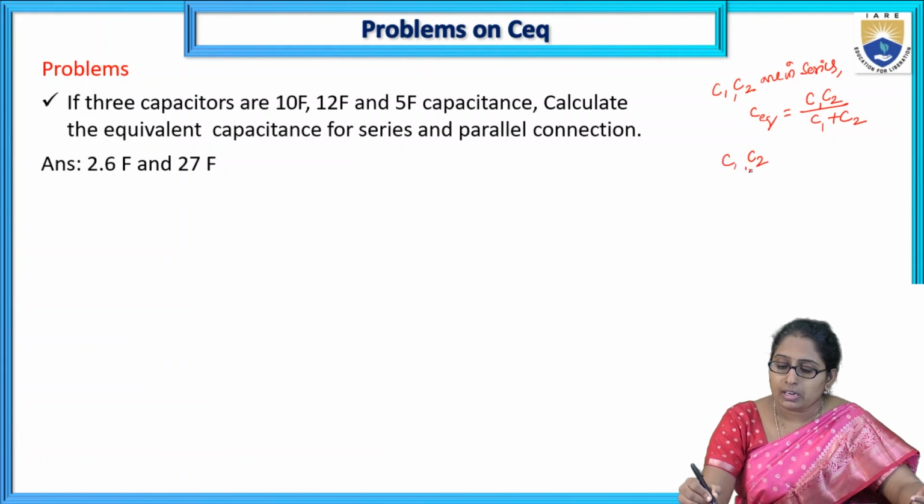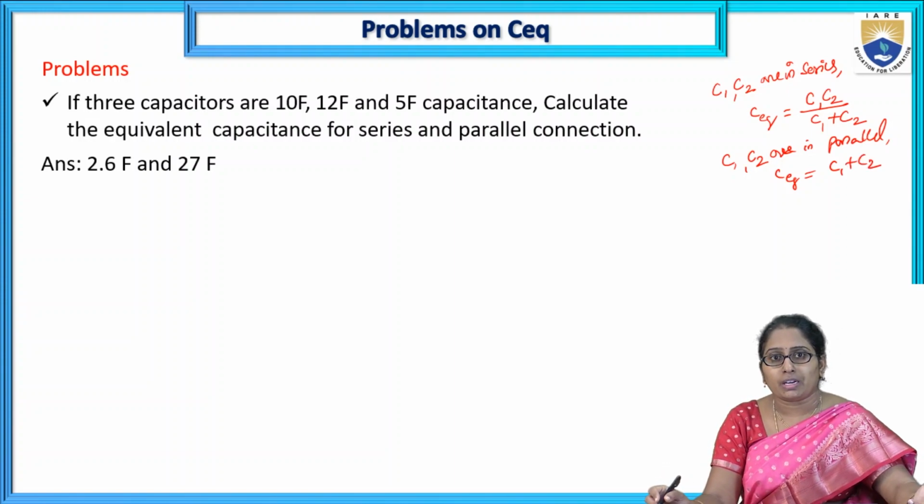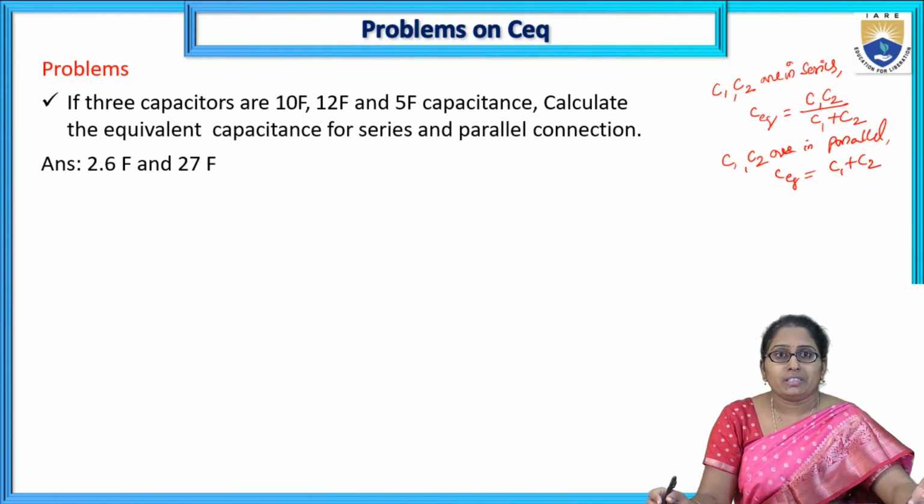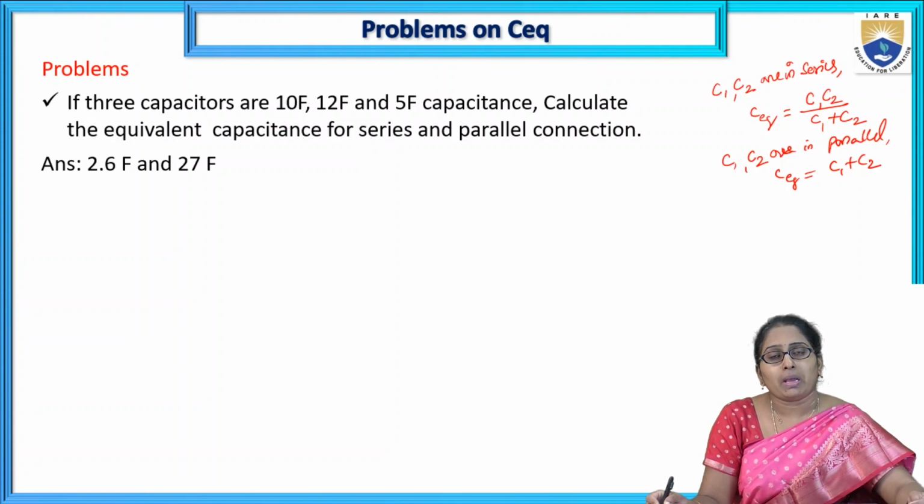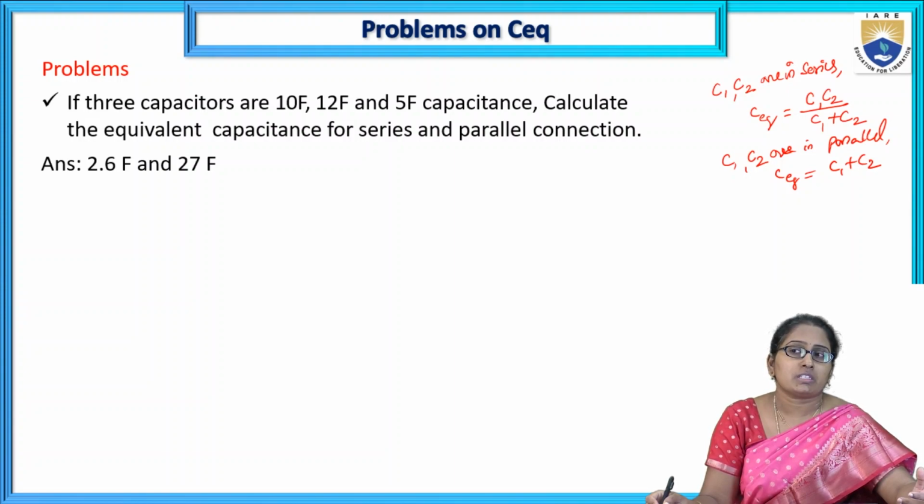When they are in parallel, that is given by the sum. This is opposite to the series parallel connection of resistors, whereas for inductors the series parallel equivalent is the same as for resistors. When two inductors L1 and L2 are in series, the equivalent is the sum, L1 plus L2.